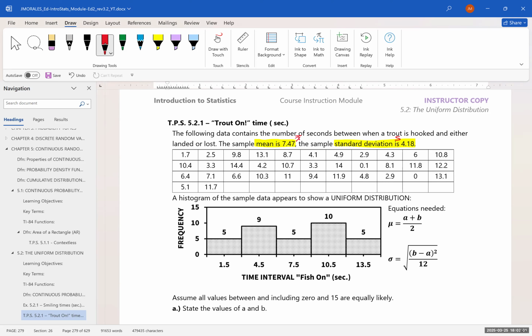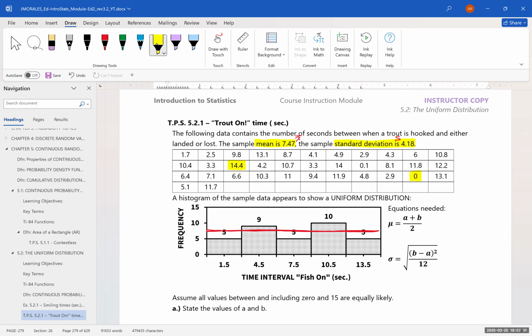The histogram of the sample data appears to show a uniform distribution. These histogram classes don't seem to be showing any kind of pattern other than maybe a horizontal, uniform one. And we're dealing with values of maybe a maximum of about 14.4 and a minimum of 0.